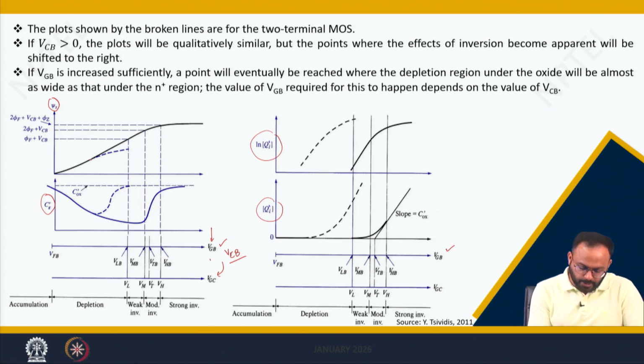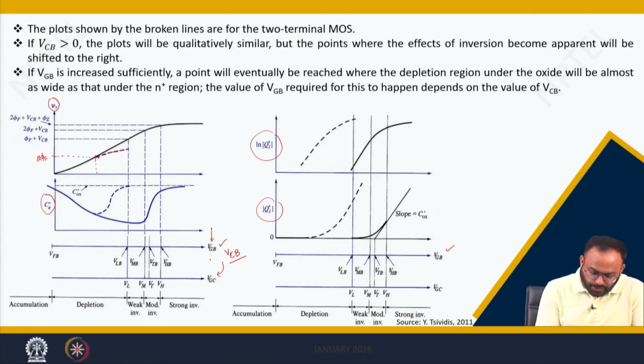Increasing Vgb, the surface potential increases, but because of the presence of Vcb, ultimately you need to fight against not 2 phi f, rather 2 phi f plus Vcb. That is what these dotted lines show, the graph of the 2-terminal structure. In the 2-terminal structure, when Vcb was not there, weak or strong inversion starts at this point, which is a surface potential of 2 phi f, and after this point the surface potential gets pinned, right.